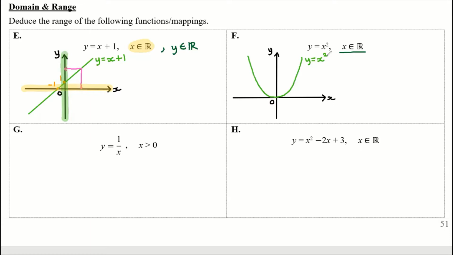Now then, you can see no matter which x value we choose, I can choose any x value, that's a bit wonky, I can choose any x value and I'll be able to read off a y value. And then there are places, of course, where if I read off a different x value, it will return the same y value. But that doesn't matter. That's part of it being a many-to-one mapping.